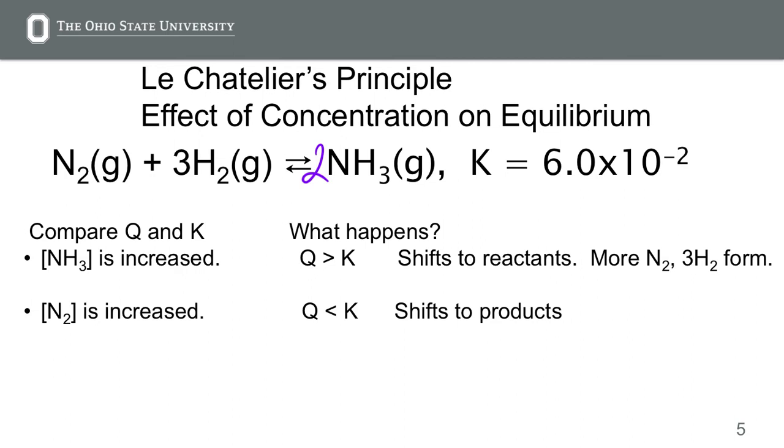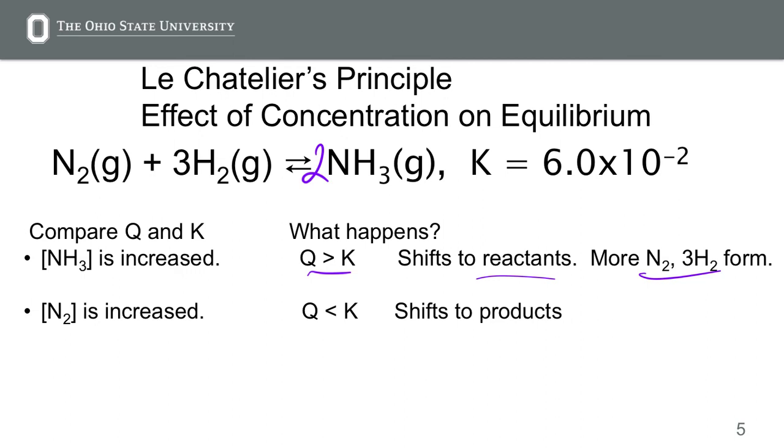We can think about increasing the concentration of product, in this case, increasing the ammonia concentration. If we do that, we only affect the ammonia concentration. We have a vessel that has N2, H2, and NH3 in it. We add more NH3. That has to push the reaction towards the reactants. And so Q becomes greater than K, shifts to the reactants, and we form more reactants, more N2, more H2.